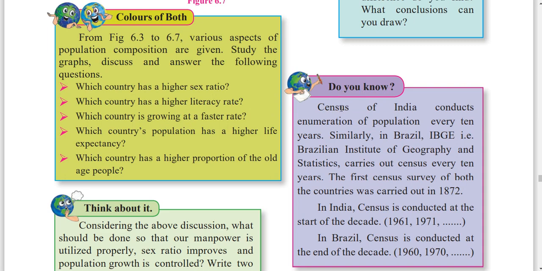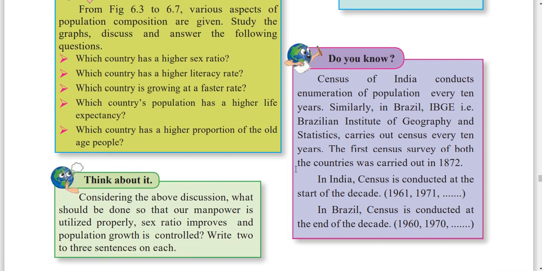Do you know, Census of India conducts enumeration of population every 10 years. Similarly, in Brazil, IBGE, that is Brazilian Institute of Geography and Statistics, carries out census every 10 years. The first census survey of both the countries was carried out in 1872.